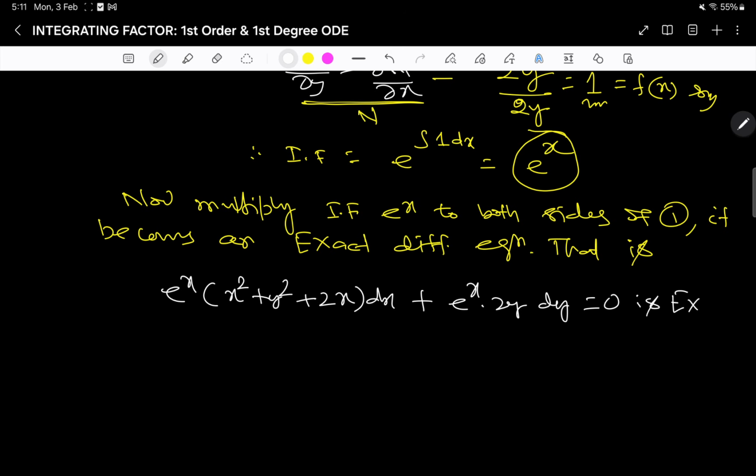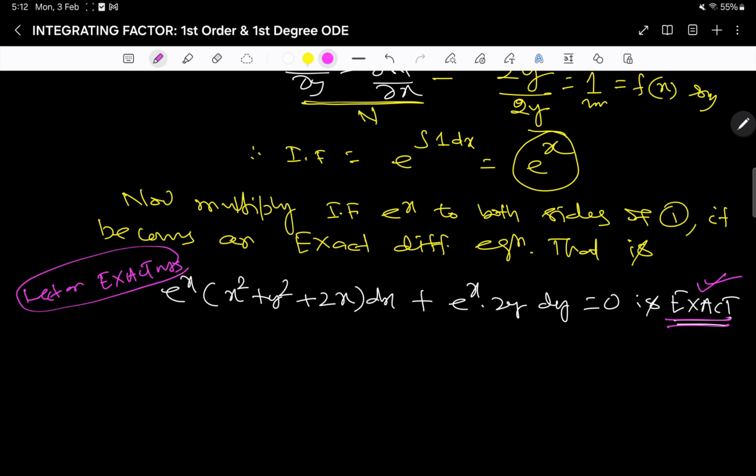So here no need to check it. Okay, so now if you recall our previous lecture on exactness, then we know the technique to solve the exact differential equation.